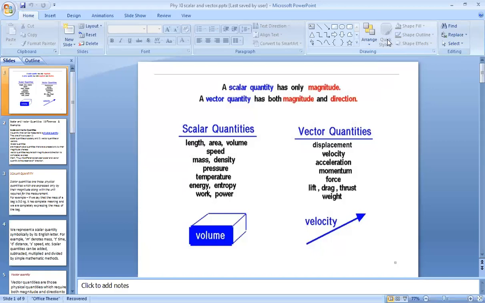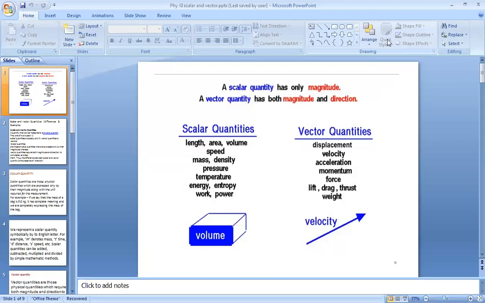Several examples are mentioned on this slide. You can note down the examples of scalar quantities: length, area, volume, speed, mass, density, pressure, temperature, energy, entropy, work done, and power.